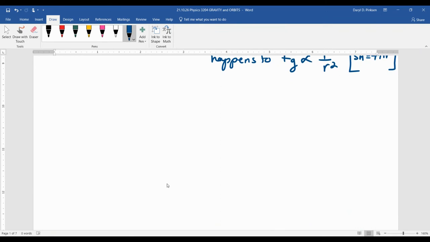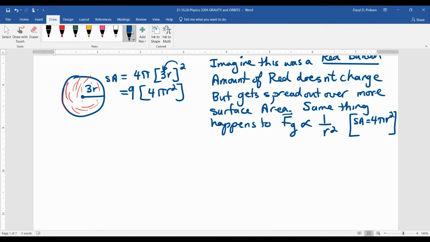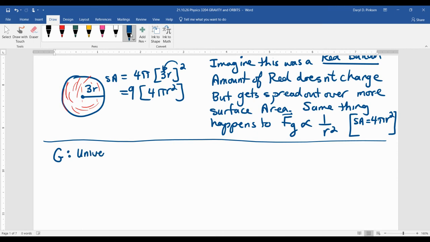Well, the last thing to look at here is what is this G business? You can see this great big G in the equation. The G is the universal gravitational constant.